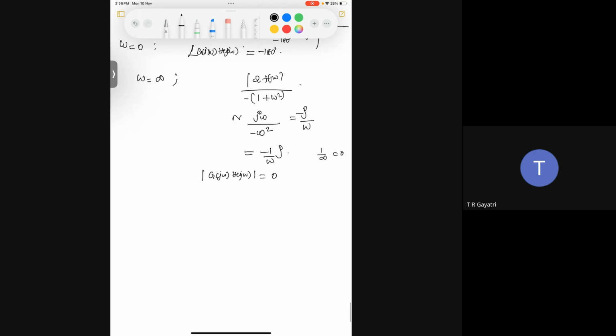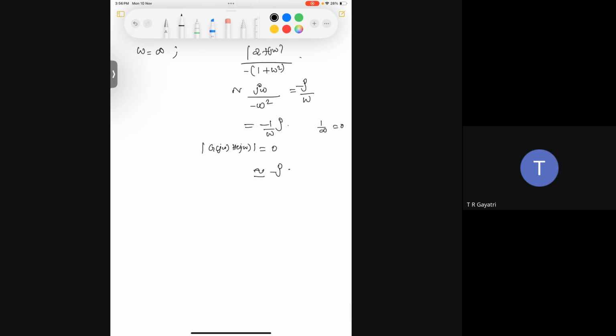If I check angle, omega would be infinity. Anyway, the magnitude corresponds to 0. It doesn't add much value. So it will be approximated as minus j. So minus j, if I take tan inverse of minus j, it would be minus 90. So when omega equal to infinity, your angle of GH would be minus 90.